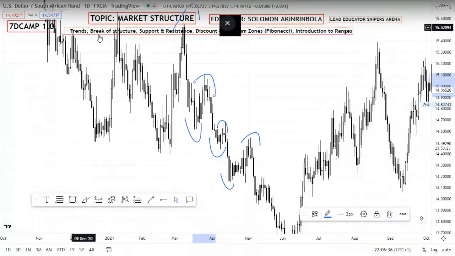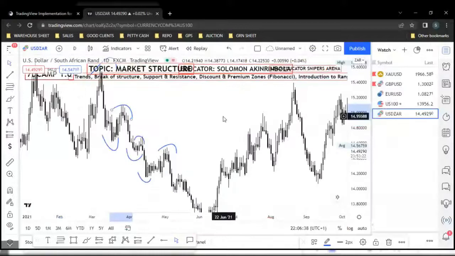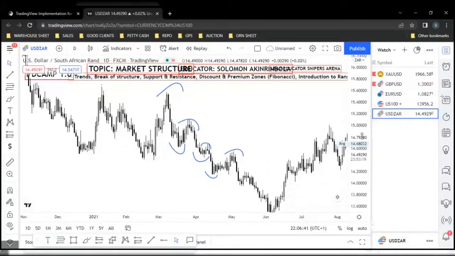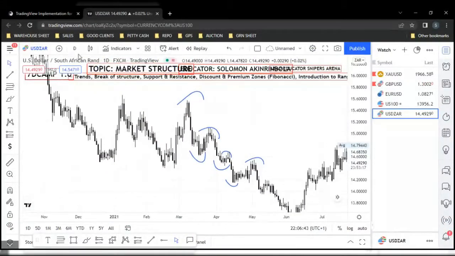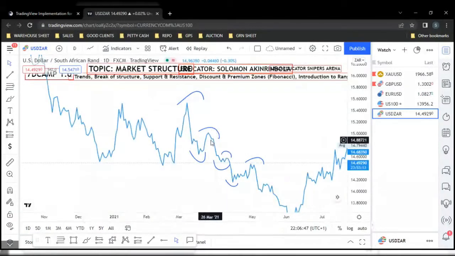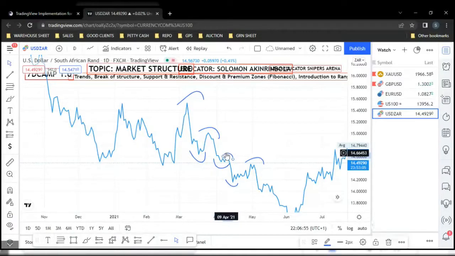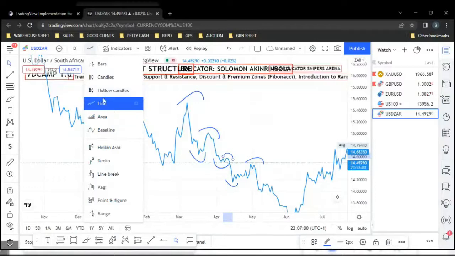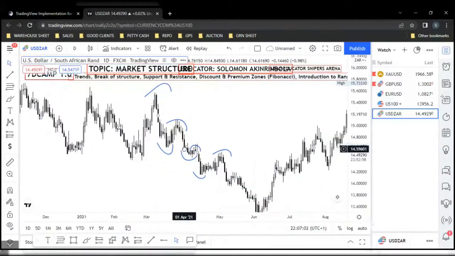The line chart will show you the body structure, because it always shows you the body of the candle and all the wicks.